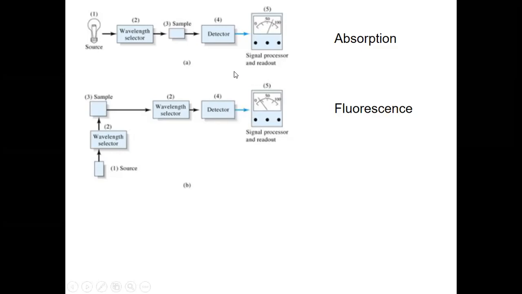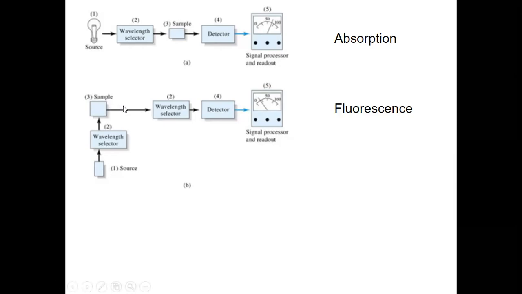Here the source is the excitation light source, and then the wavelength selector will select the excitation wavelength range, and the excitation wavelength goes to the sample. Then the emission will happen.